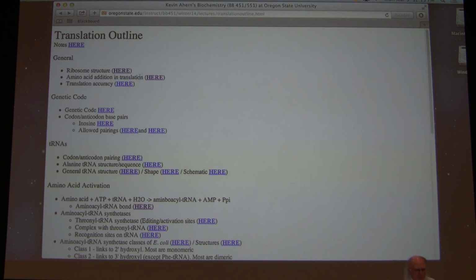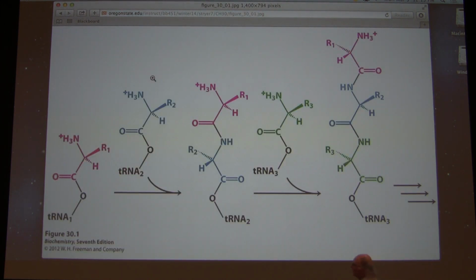Anyway, getting back to where I was, jumping ahead there. This is actually showing what's happening in the translation process. Here is a tRNA that has an amino acid attached to it. Here's an incoming tRNA, and this will get to your question in just a little bit, that has a different amino acid attached to it. These two become linked.